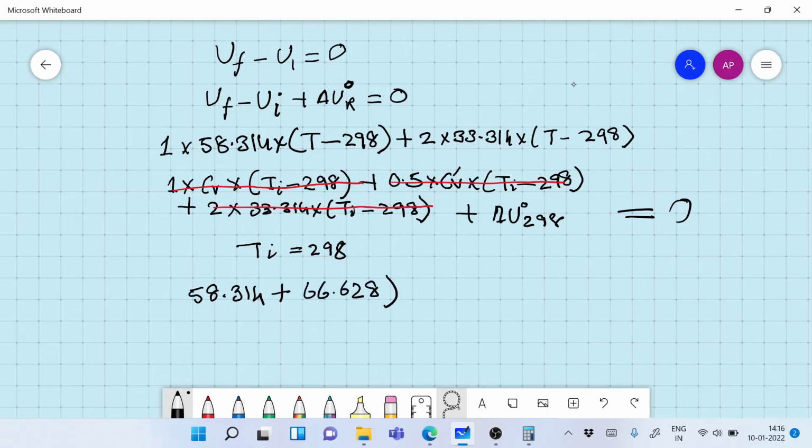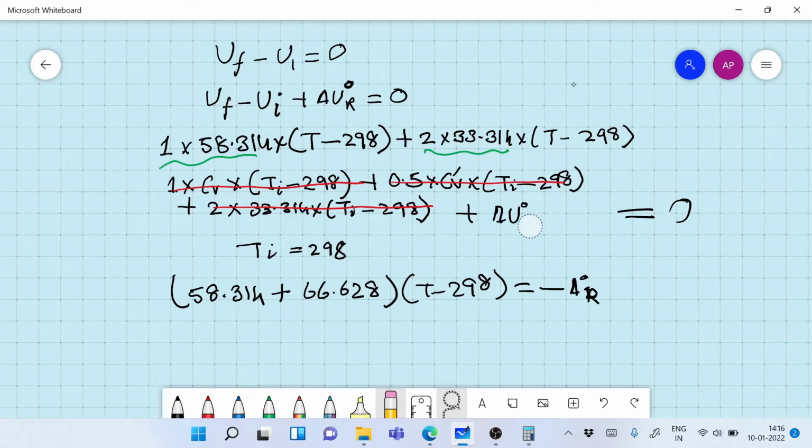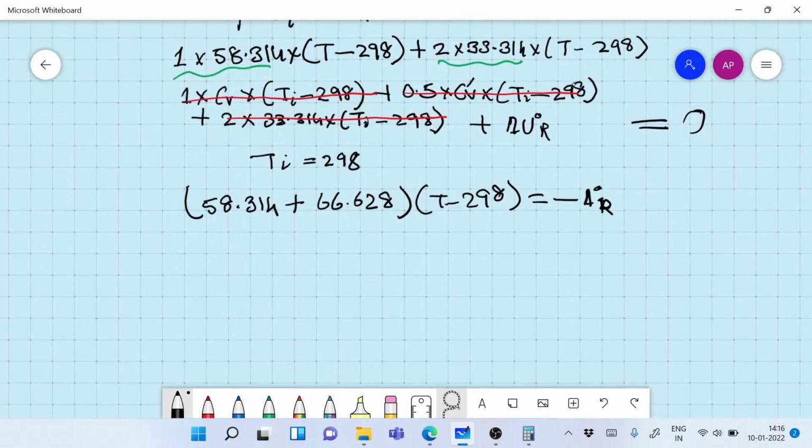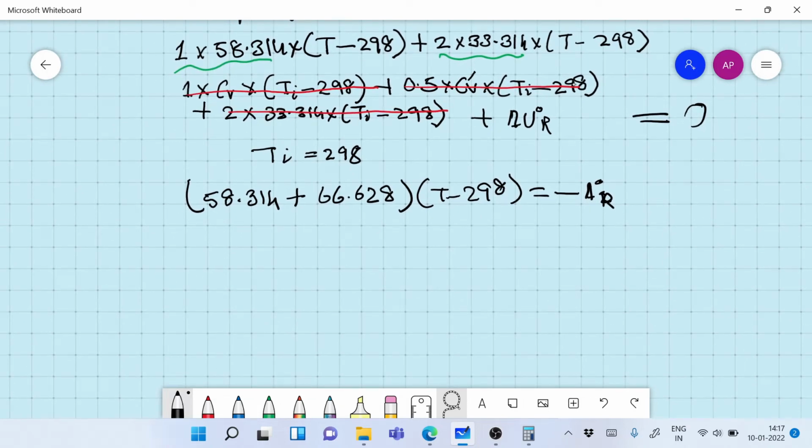I have taken these terms as common, into T minus 298 is equal to minus delta H naught of reaction at 298.